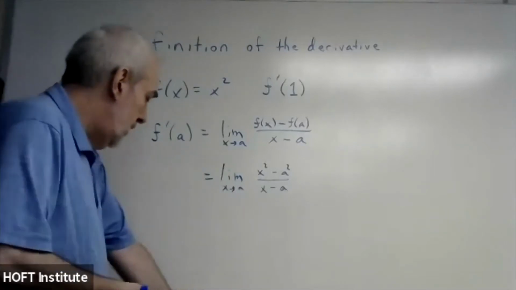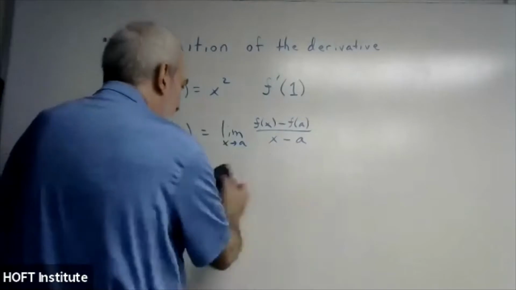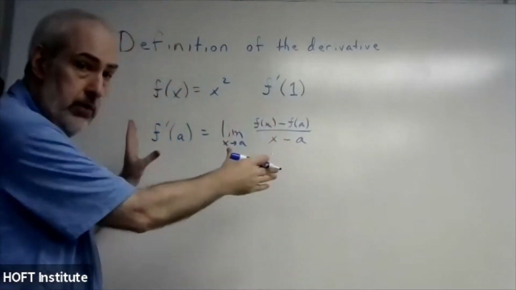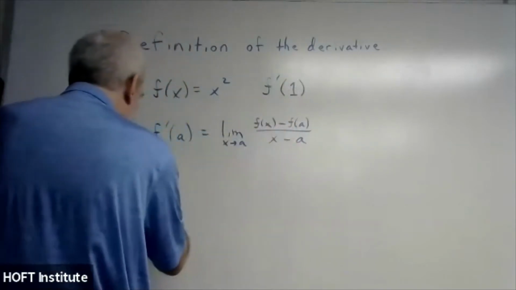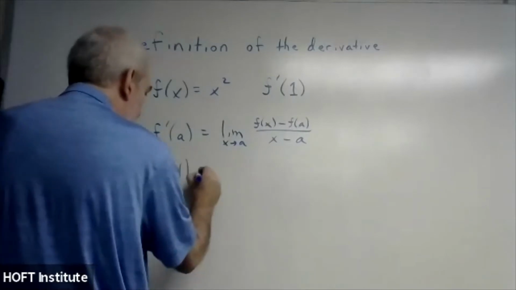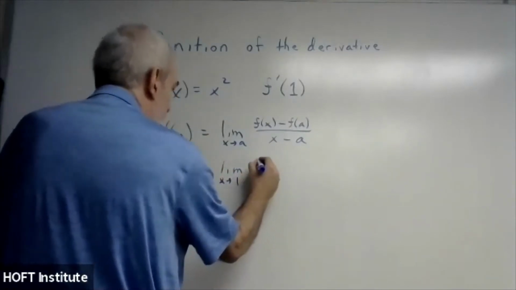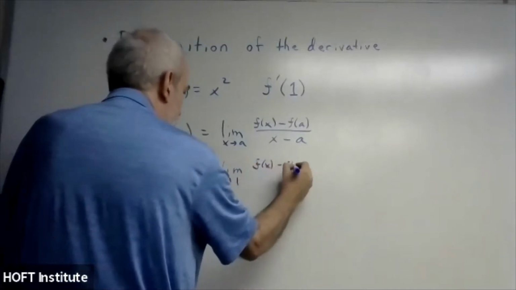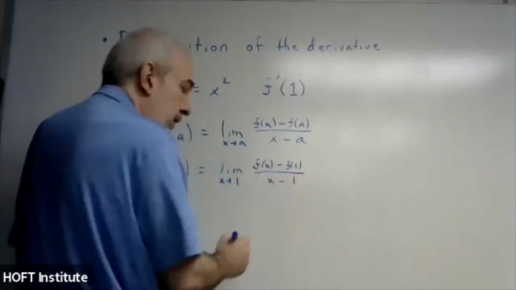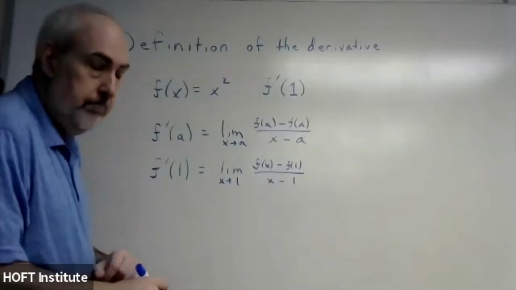Okay, so let me erase this, go back one step. So this was the definition. Now let's plug in 1 into our definition. So the derivative at 1 is the limit as x approaches 1 of f of x minus f of 1 over x minus 1.